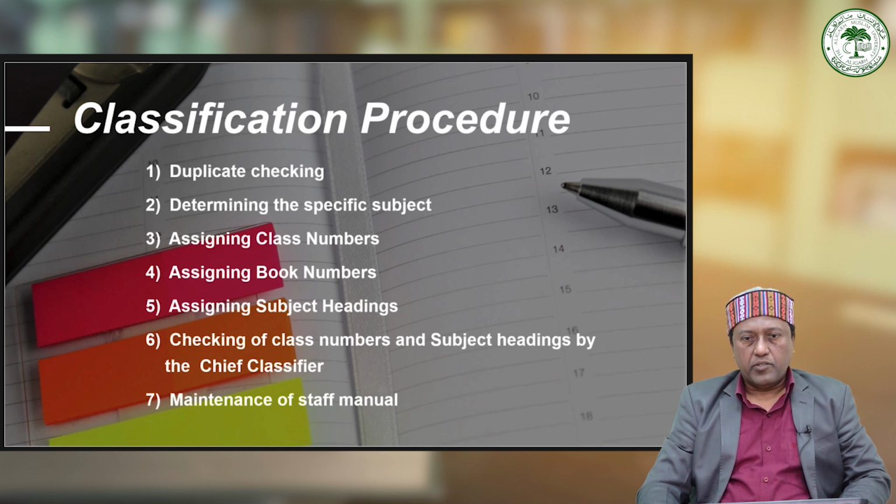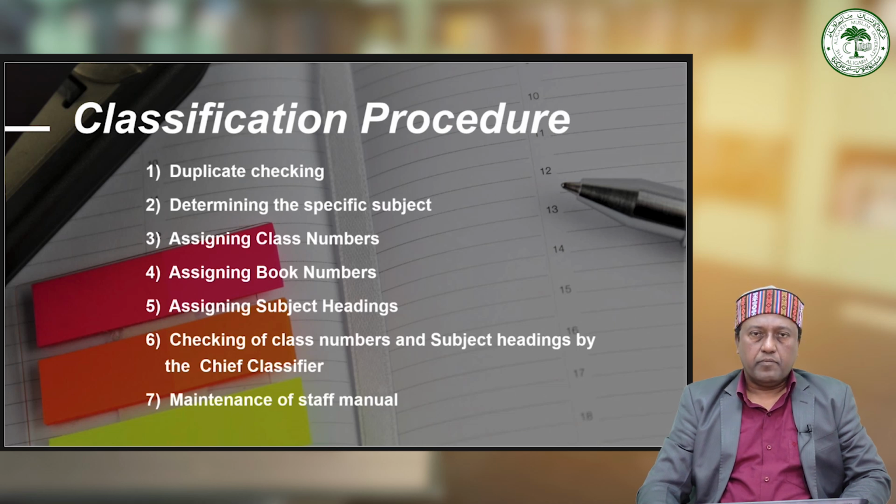Normally the library assistant in charge of the duplicate checking verifies each book against its main entry or the author entry in the catalog, and if multiple title cards for the same author are found, further scrutiny is applied for examining the edition and year of publication. So this is how we can save our effort, manpower, energy and time.